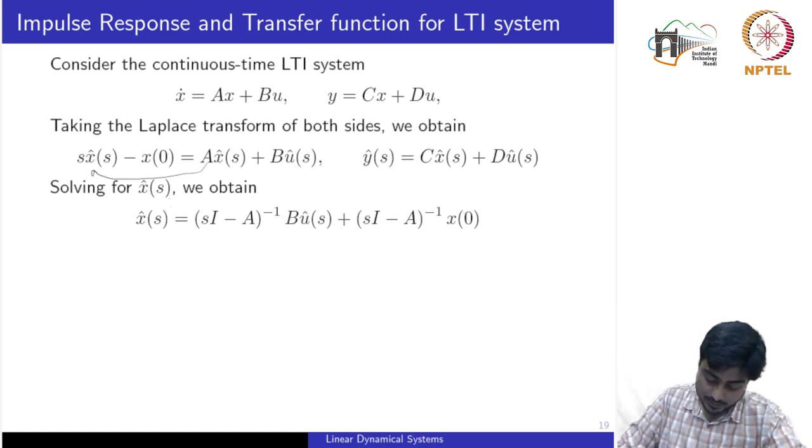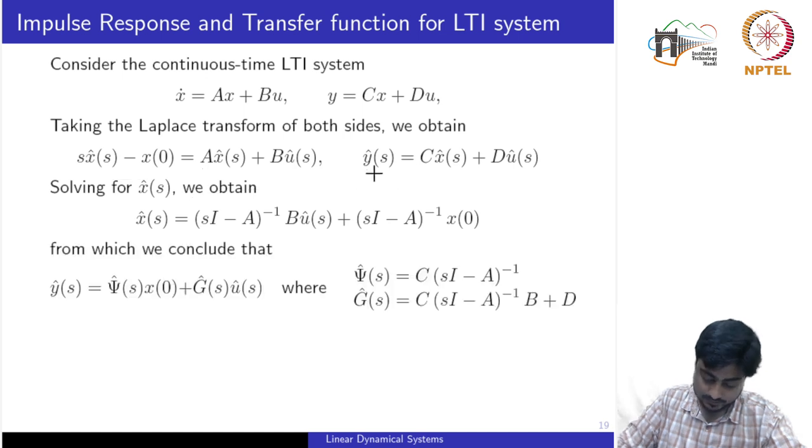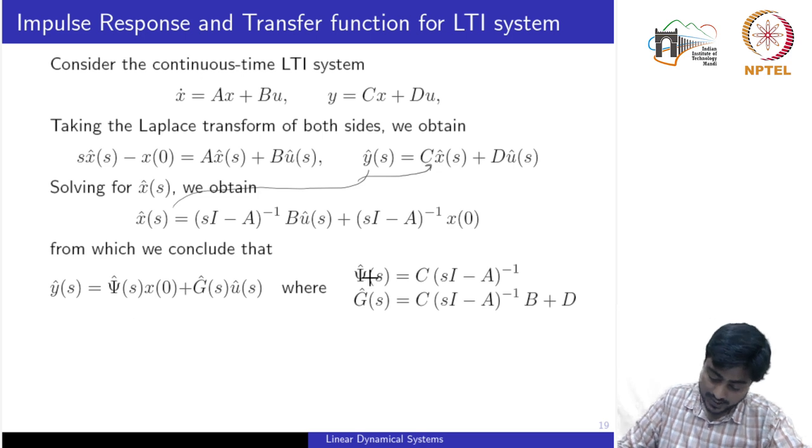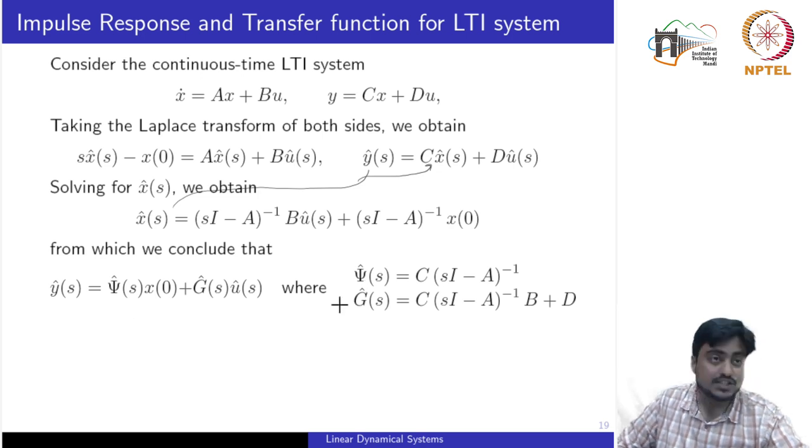Now the next step is to put this x hat of s into the output equation, from which we obtain this representation, which is y hat of s is equal to psi hat of s x naught plus G hat of s into u hat of s, where psi hat and G hat are defined by these two equations.